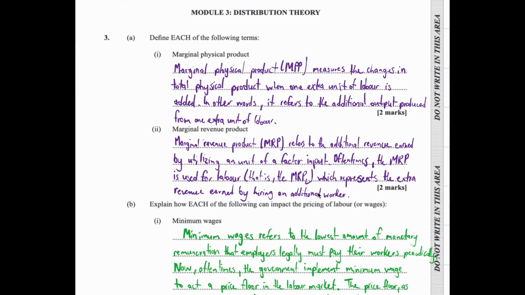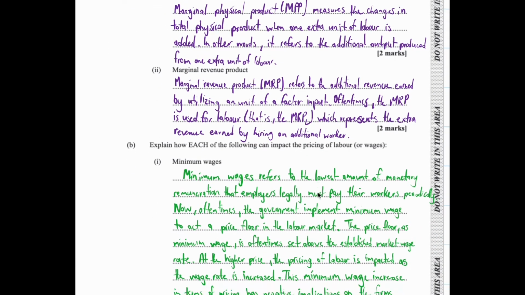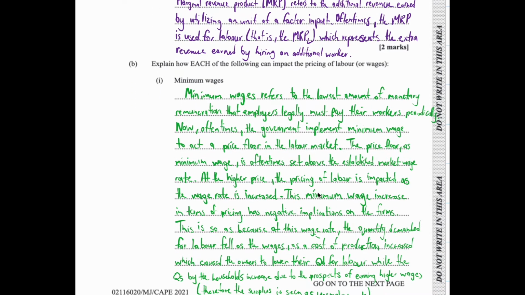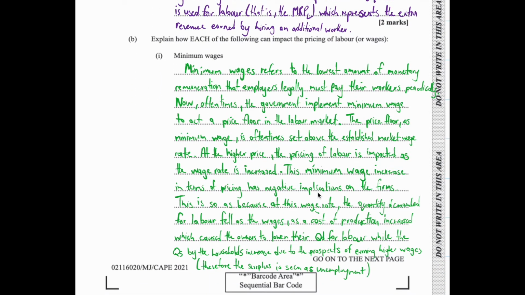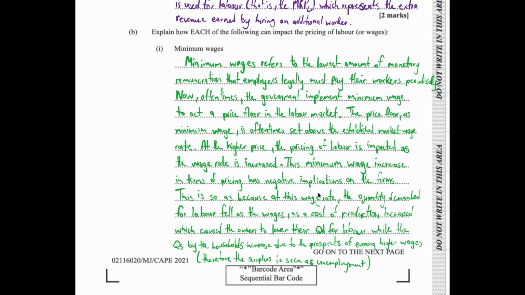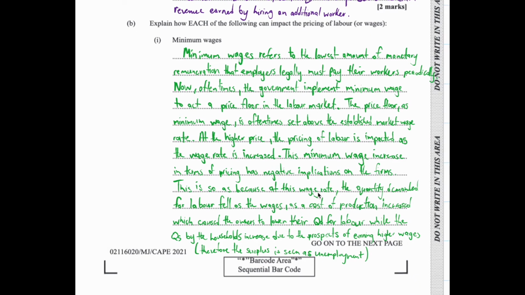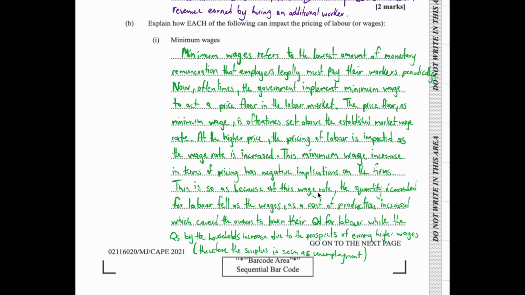So explain how each of the following can impact the pricing of labor, which is wages. So first we have minimum wages. As we said before, minimum wages is a price floor, you know. So we're gonna have to explain price floor a little bit and also explain how it relates to minimum wages.